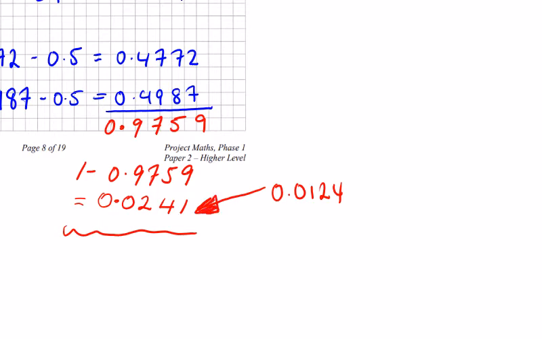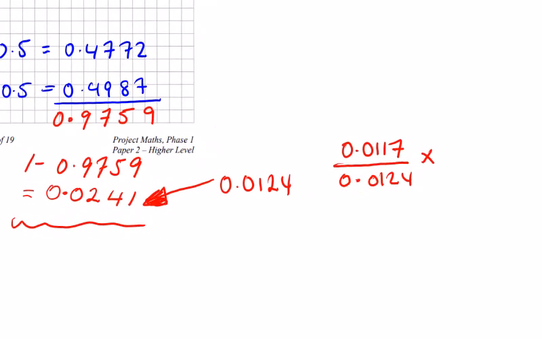So the increase is 0.0117, and it's over what it should have been, which is what it started at, 0.0124. So that's going to give me quite a high number. It's nearly doubled, hasn't it? It's just slightly under doubling. This is going to be 94.35%.